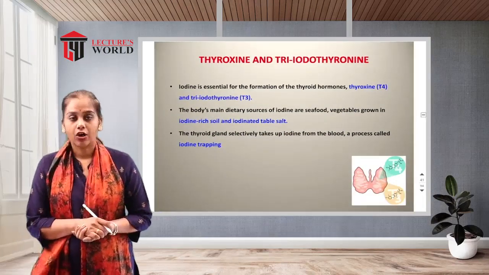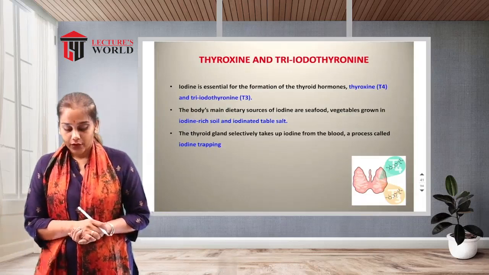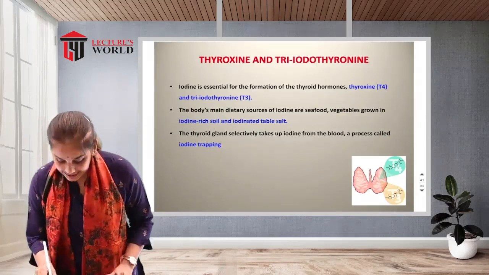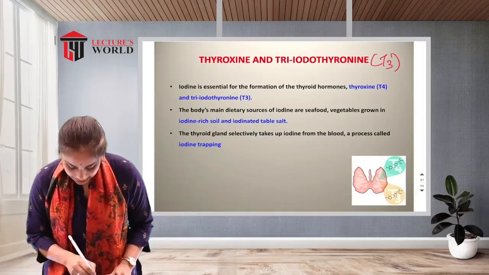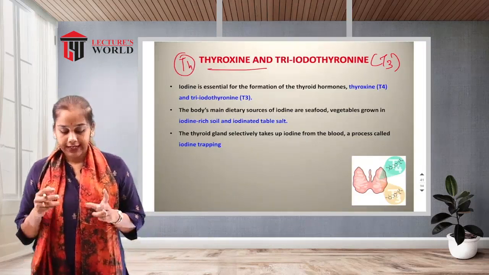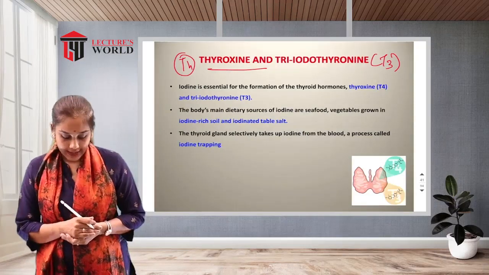Now we will see the hormones of the thyroid gland, known as T3 and T4. T3 is triiodothyronine, and T4 is thyroxine. Both are hormones of the thyroid gland.